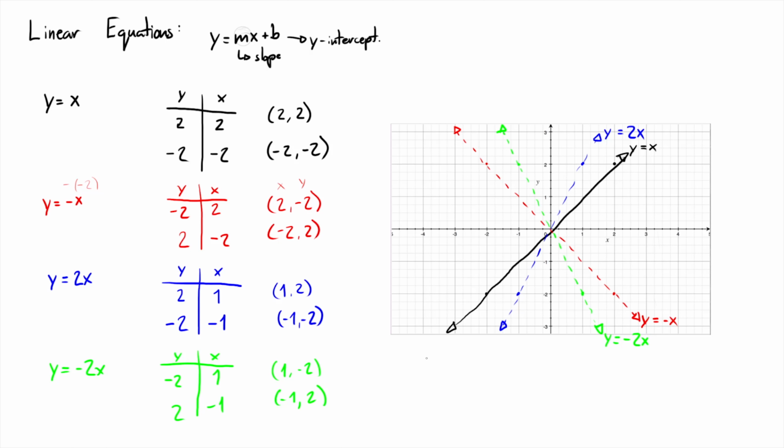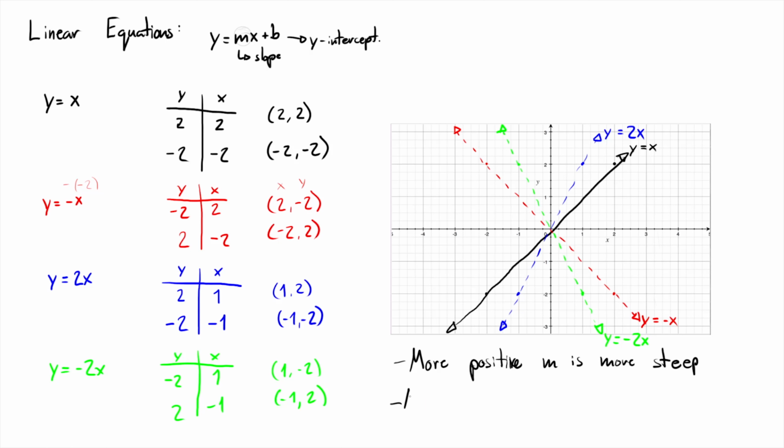Or if I want to be a bit more specific, I can say the more positive m is, remember m is slope, I'm just lazy, I don't want to write slope, so I'm going to write m. So more positive slope means more steep.